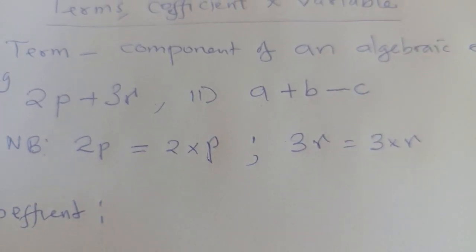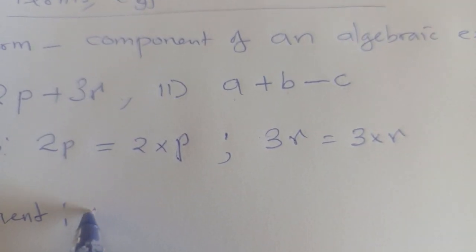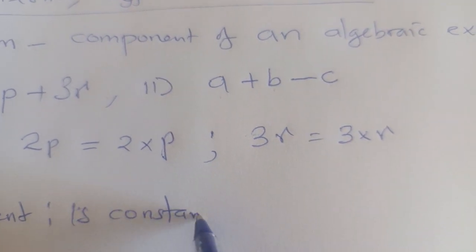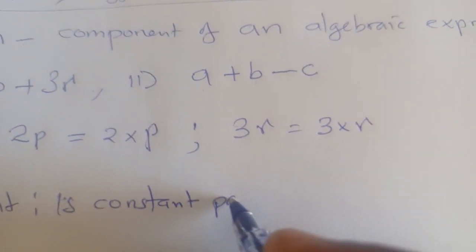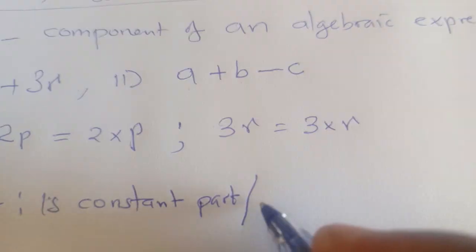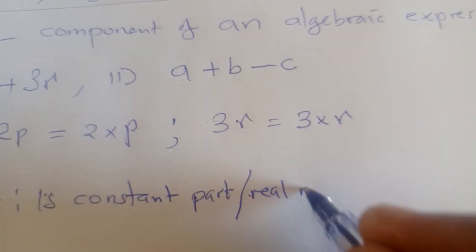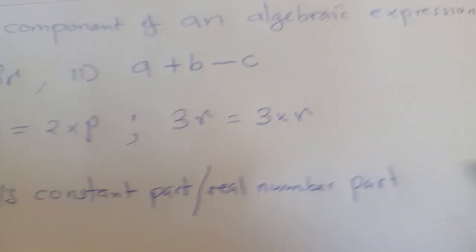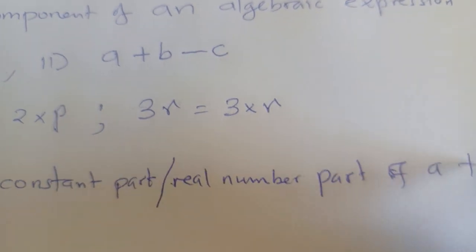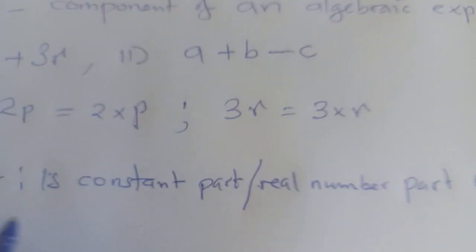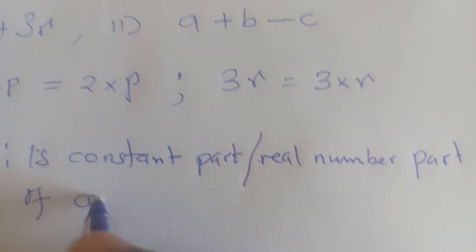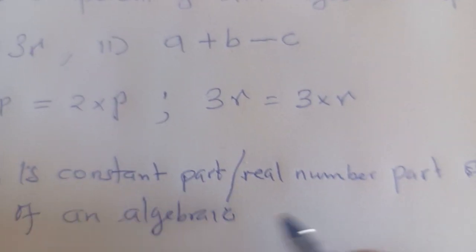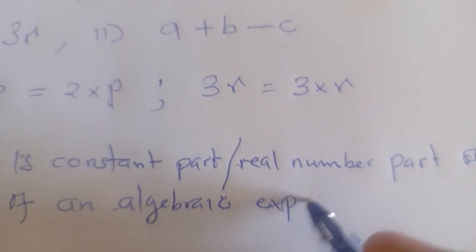Now, having known what a term is, let's look at the coefficient. What is a coefficient? This is the constant part, or what we can call the real number part of a term of an algebraic expression.